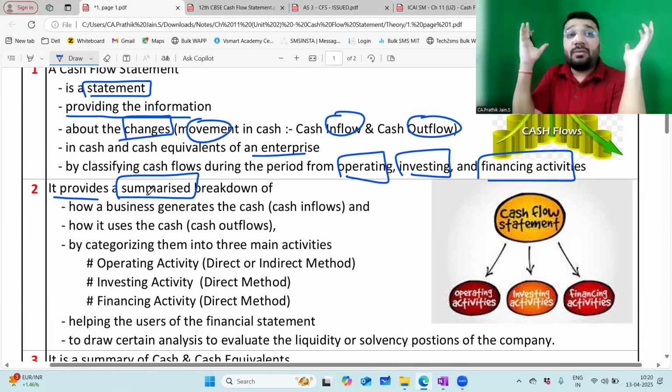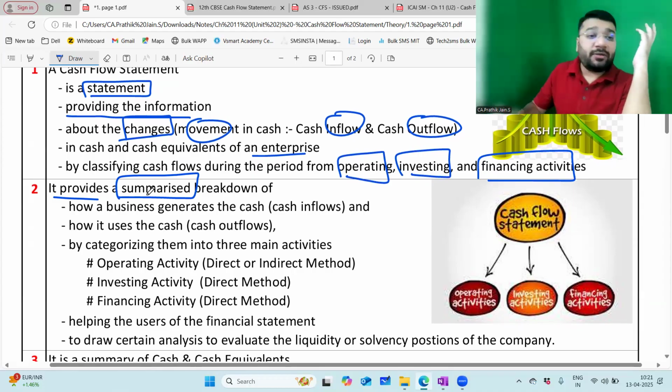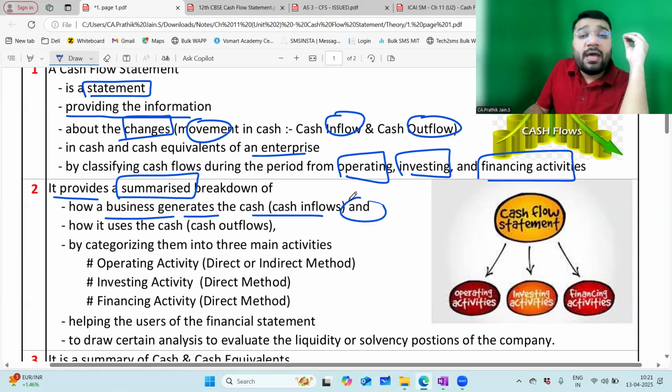We had a cash and bank ledger having thousands of information in it, so it becomes very difficult to get a complete picture about the inflows and outflow of the organization. Hence we made a summarized version of the cash and bank ledger. It provides a summarized breakdown of how the business generates the cash, that is cash inflow, and how they're using that cash inflow towards the cash outflows, that is the payments, by categorizing them into three activities.